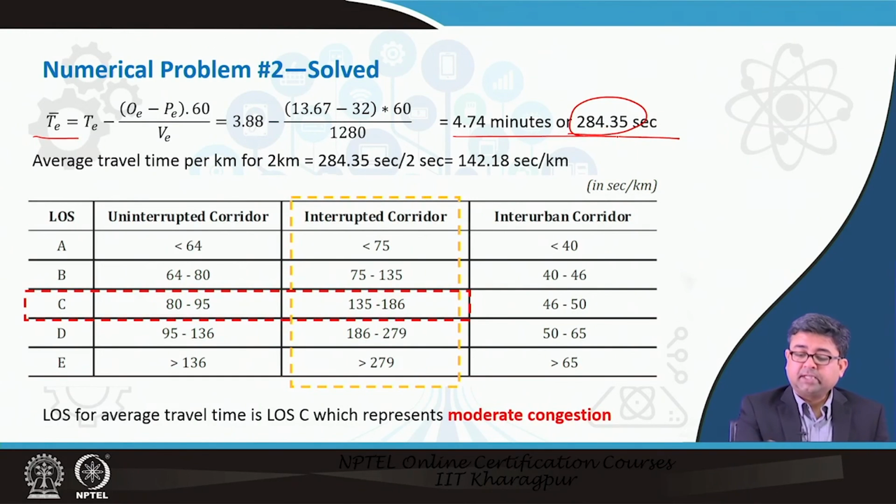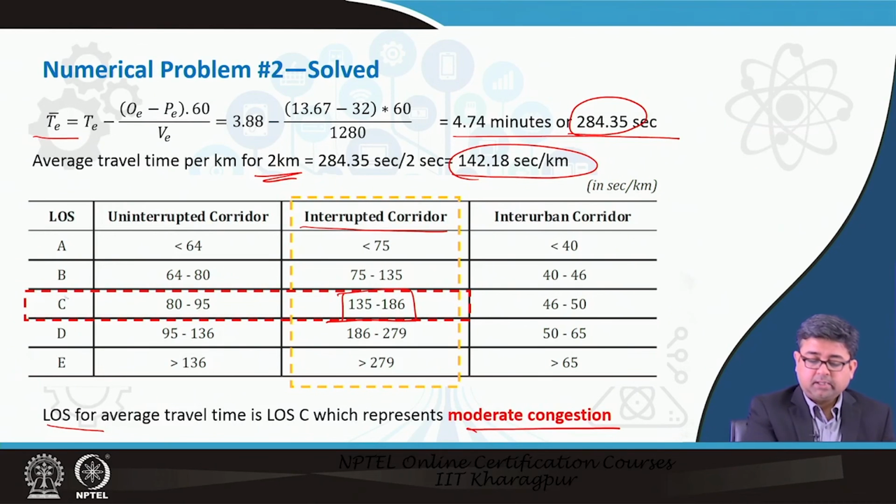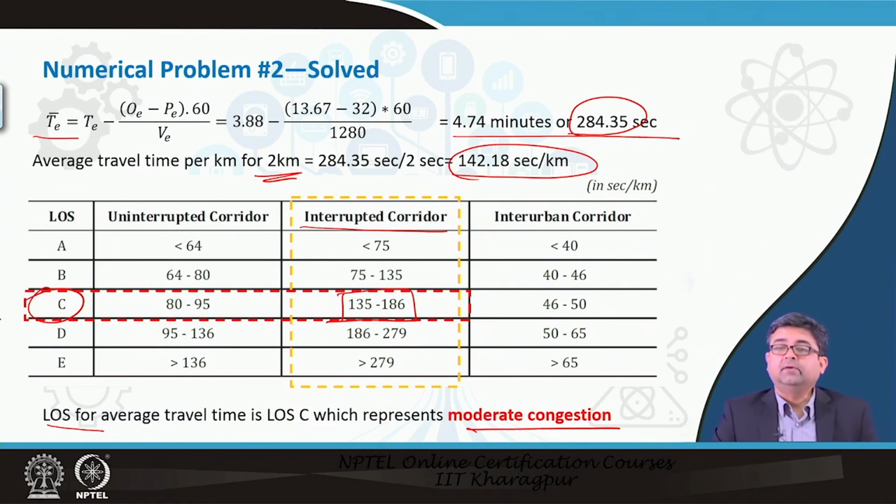Now, that 284 seconds was for 2 kilometers. So, for every kilometer it is 142 seconds. Now, if you go back to your table and see where 142 falls, since it is an interrupted corridor and 142 falls here, your level of service is moderate congestion, level of service C.